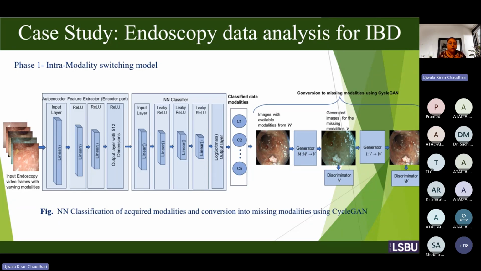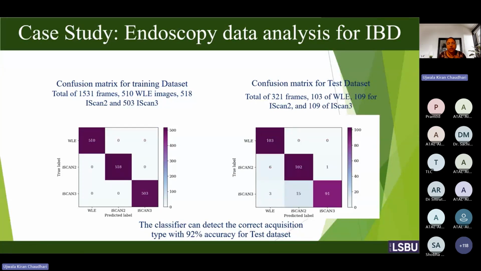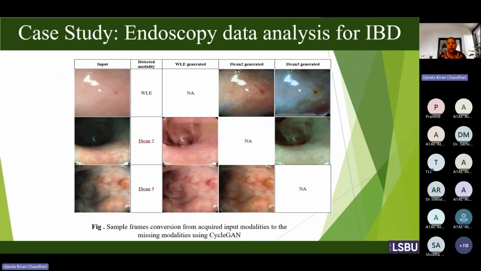Providing that kind of images, the first step is to identify which modality has been provided as input, and then apply the cycle GAN. We used the cycle GAN as the generator, and generated the missing modalities. For example, if white light is given as an input, then it generates iScan 2 and iScan 3 from that.